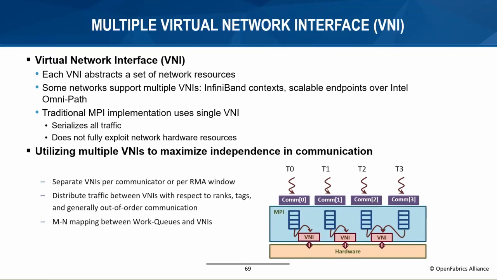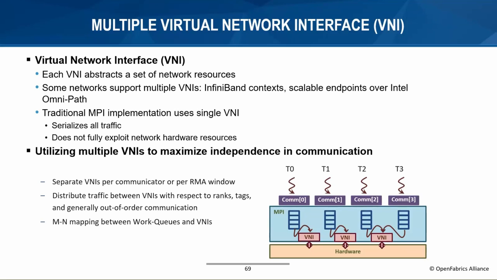Inside MPICH we have virtual network interfaces, which can be mapped to different hardware contexts or scalable endpoints in the fabric. Within each VNI the traffic is serialized, but between VNIs traffic runs in parallel, and because there's no shared resource between them, instead of having a global lock we can do per-VNI locking, which means much less contention in multi-threading.